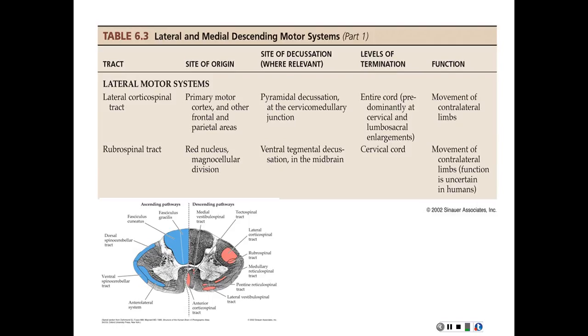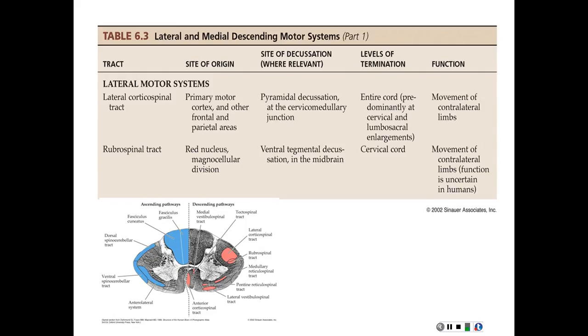When we think about lateral corticospinal, it's really about the extremities of the limbs. It's really at the cervical and lumbosacral enlargements. And what does it do? It's the movement of the limbs. Which limb? Contralateral, because they cross the midline. So the left motor cortex influences the right limb. The right motor cortex influences the left limb.